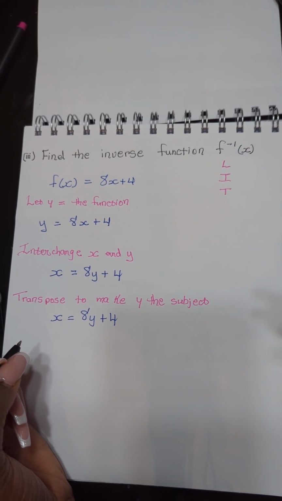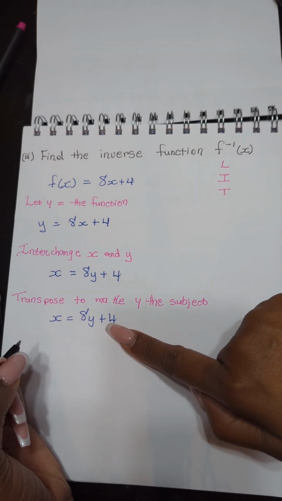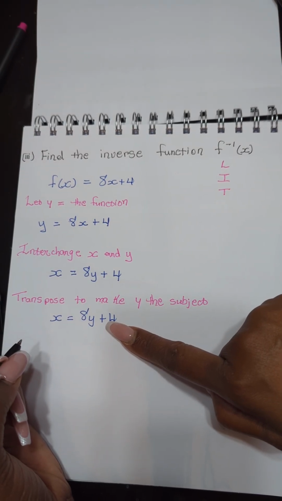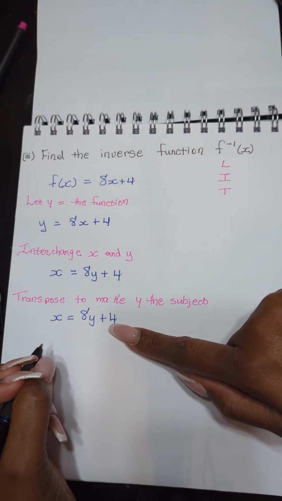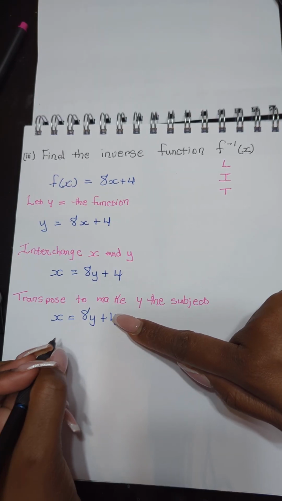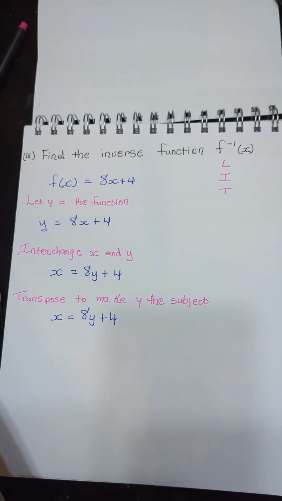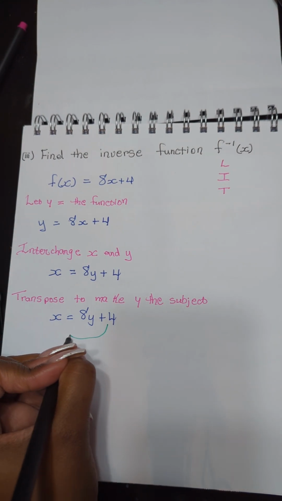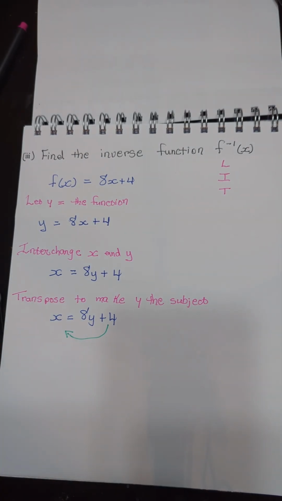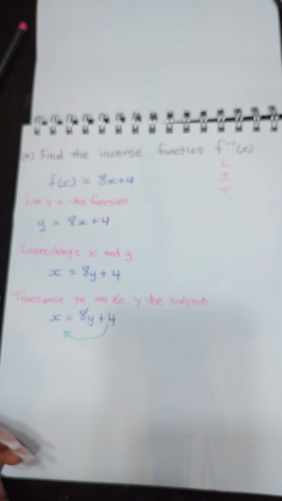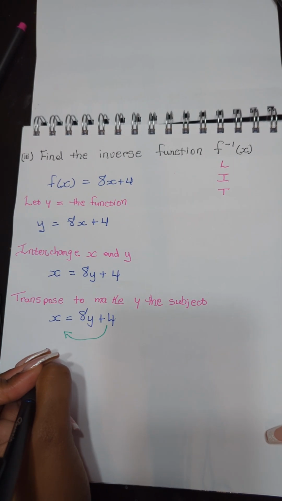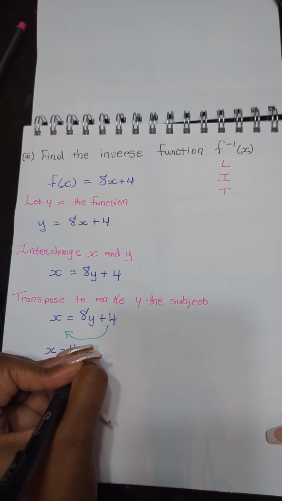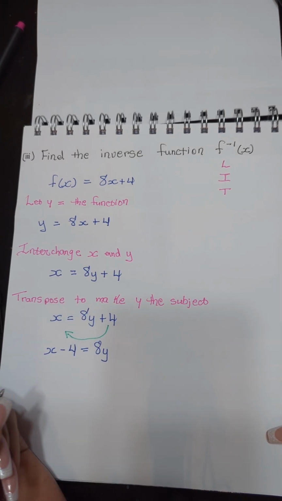That's all. So we're going to move everything else away. First thing we're going to move is the plus 4. So if we were adding 4 on this side, we take this across and we're going to do the opposite. All right. Now I know there's a lot of fancy terminology, but I'm going to just keep it as layman's term as possible. So we have x minus 4 is equal to 8y.